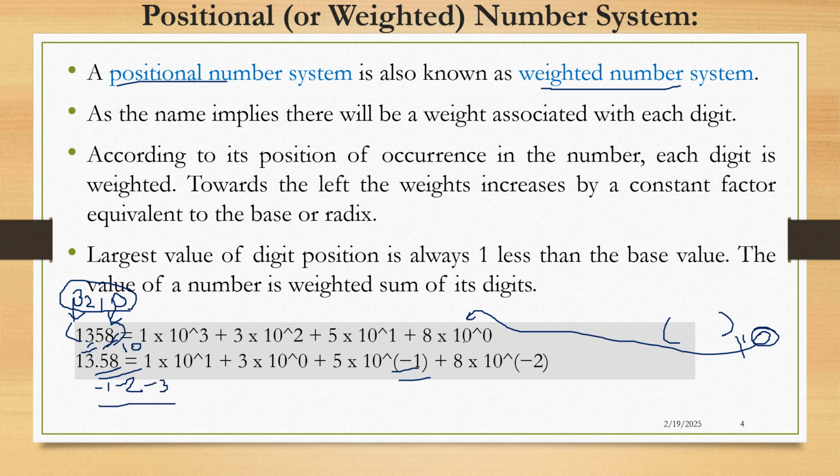For the integer part, from the point onward, the powers increment from 0 to 1, 2, 3, whereas after the point the powers start from -1, -2, -3, and so on.